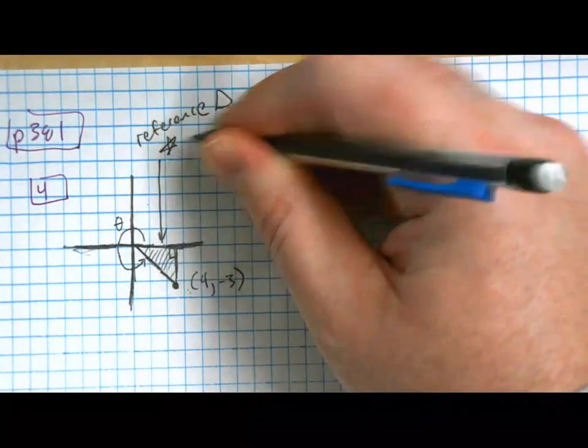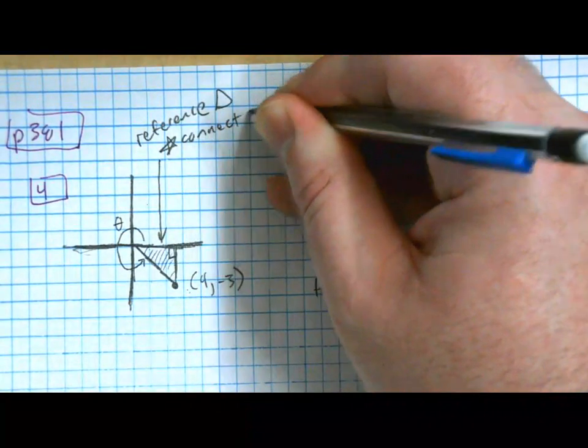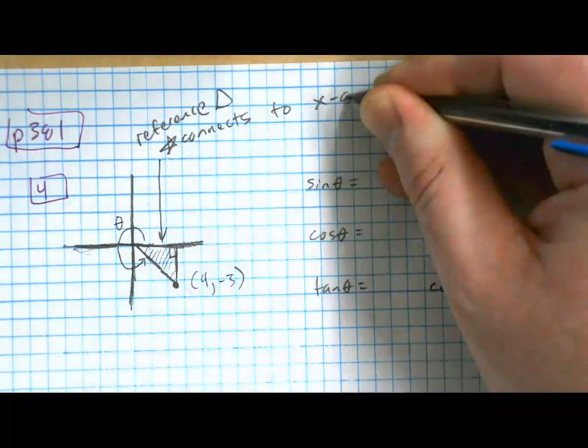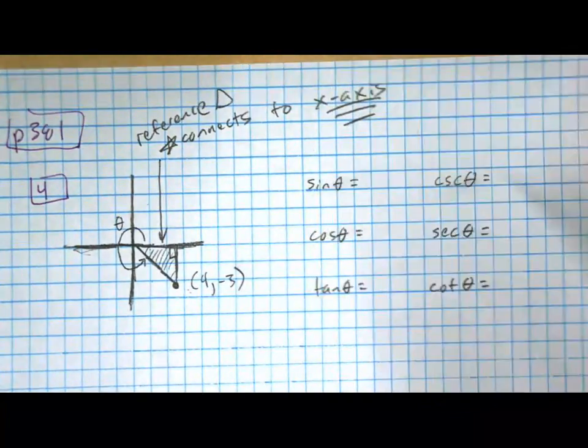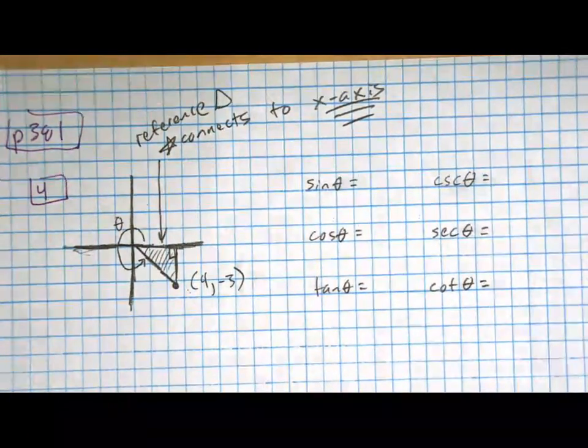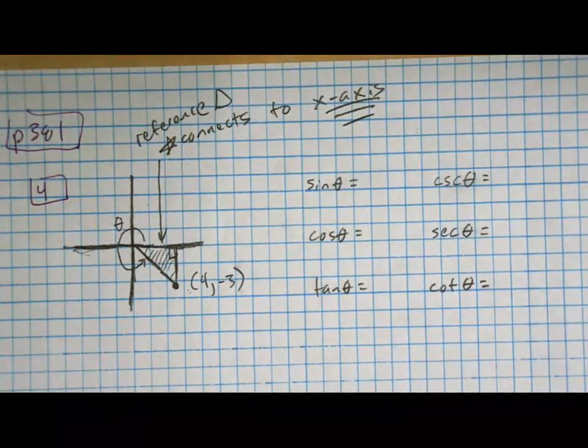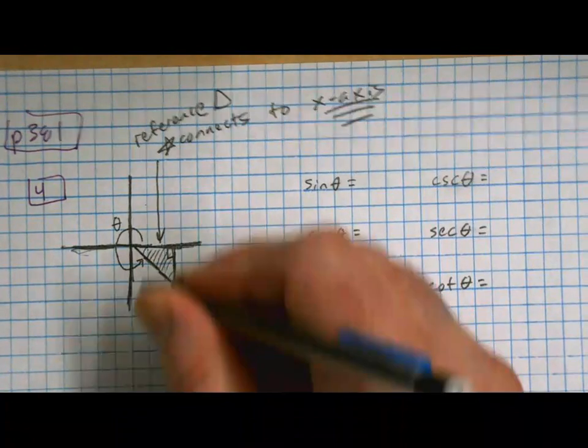And star: connects to x-axis, triple underline. That's our reference triangle, and then this would be our reference angle.